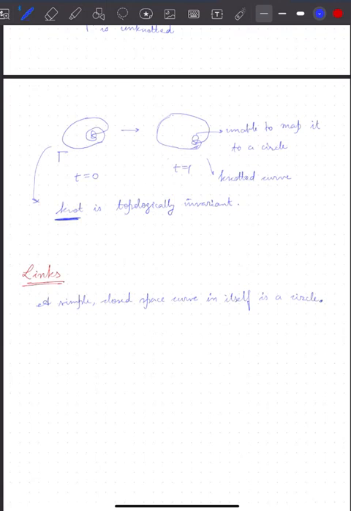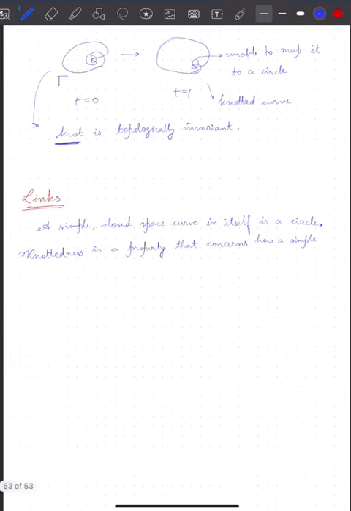And what happens is that knottedness, the property, is a property that concerns how a simple closed curve sits in the ambient space.